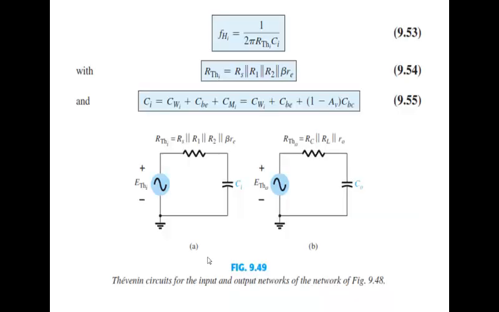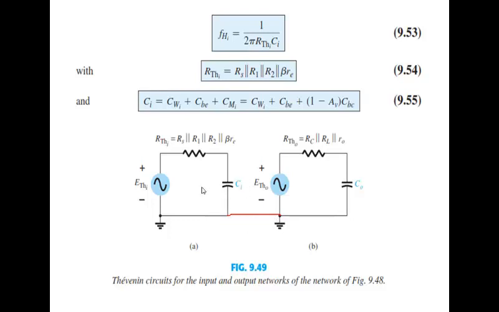So the total input capacitance is the sum of these capacitances, and the total output capacitance is the sum of these capacitances, which results in the total input capacitance Ci at the input side and C naught at the output side. I can join these two ports because both are at the ground terminal, so the potential would remain 0 at this link.